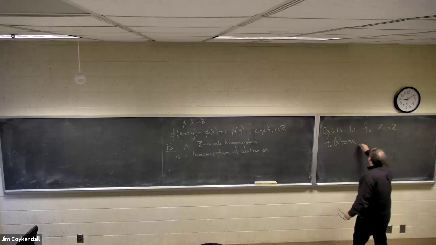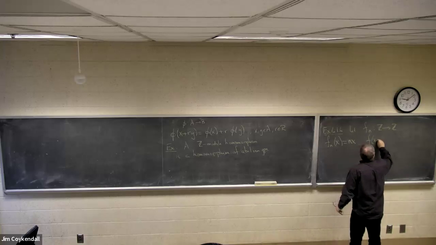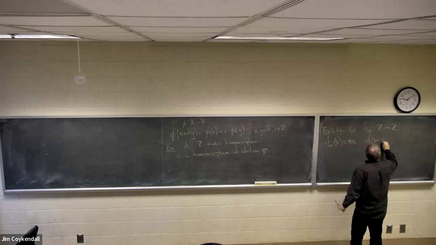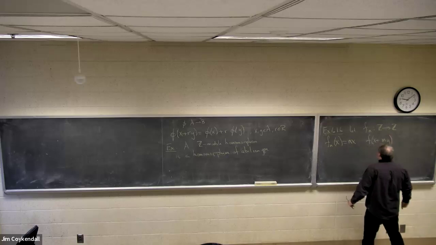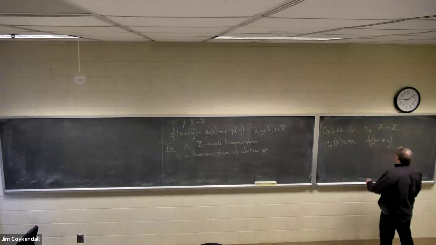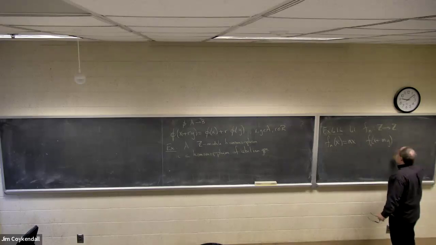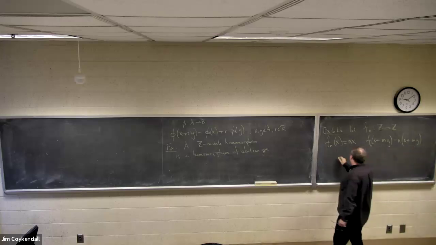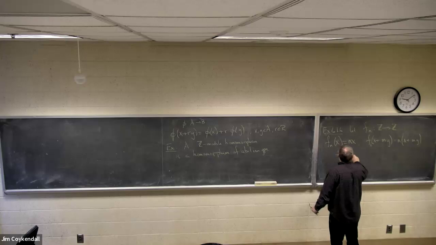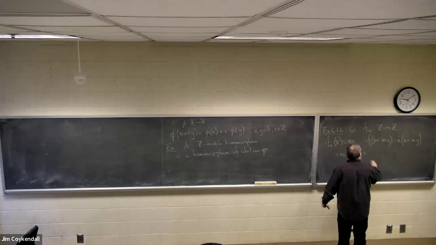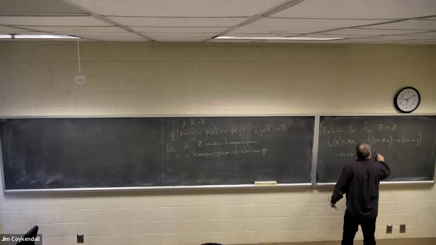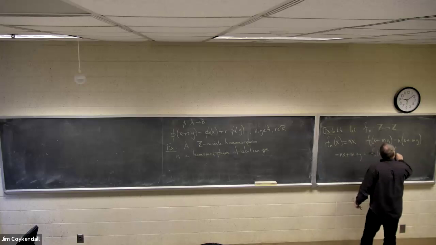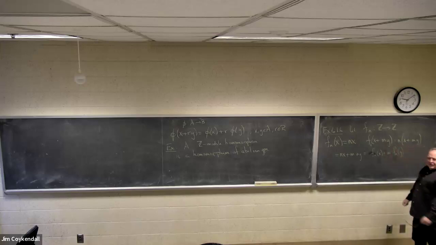It is easy to verify that if x and y are integers and m is also an integer, then this is equal to nx plus my, which is n x plus m n y, which is f_n x plus m f_n y. So this is an R module homomorphism for sure.